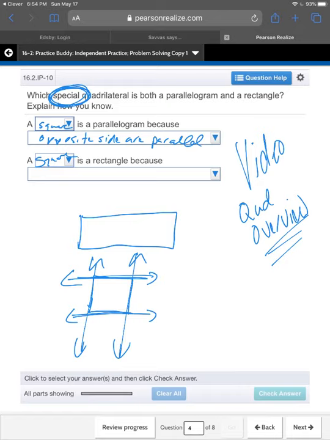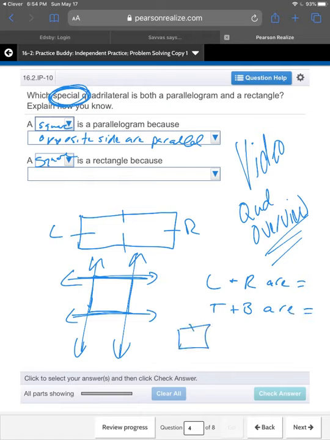A rectangle has a left and a right side that are the same, so my left and right are equal. My top and my bottom are also equal. Now let's look at a square. My top and bottom are equal and my left and right are equal. So opposite sides are equal. Well, that is true with a square.